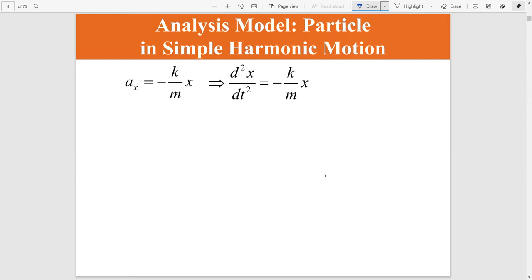So with the second law, you can isolate the acceleration the block undergoes, which is again proportional to this displacement from equilibrium, and we have the spring constant divided by the mass of the block, both really just constants. In differential equations, the acceleration is the second derivative of the displacement with respect to time.